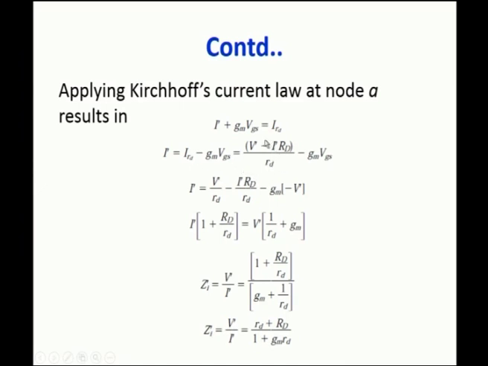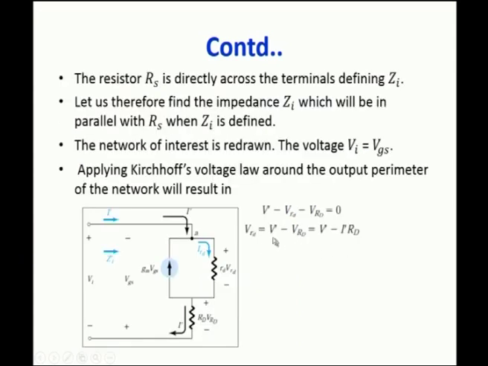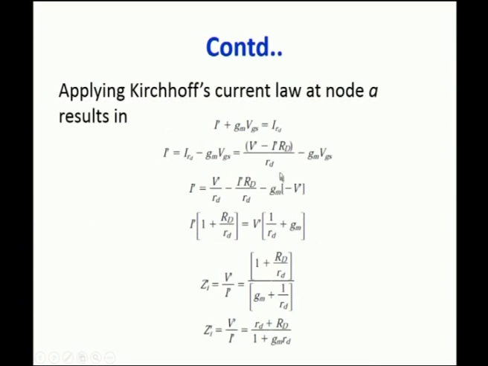So, replace this Ird in this equation. So, I' is equal to Ird minus gm Vgs. Ird is replaced from here. Vrd is given as V' minus I' rd, divided by rd will become Ird. So, this is Ird, replace this.